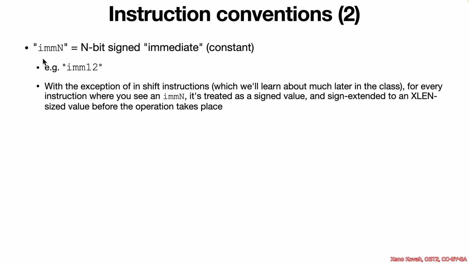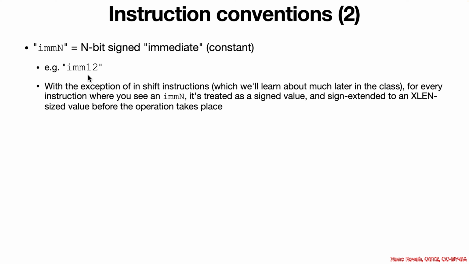We also see things like imm for immediate and n for an n-bit signed immediate in this case. So if I say imm n, it's going to mean, for instance, imm12, that is a signed 12-bit immediate. It's going to be sign extended up to whatever the XLEN size is when it's ultimately used, be it 32, 64, 128 bits.